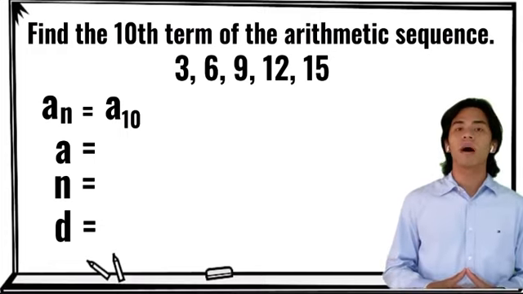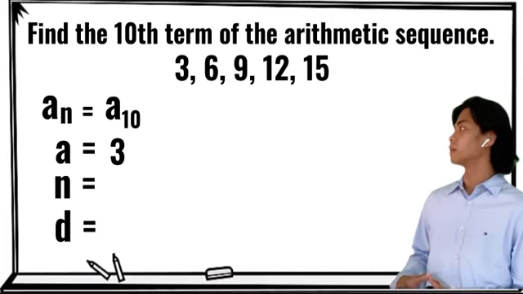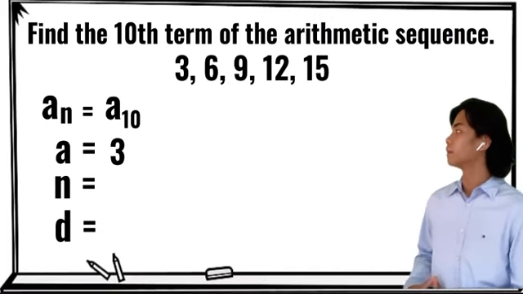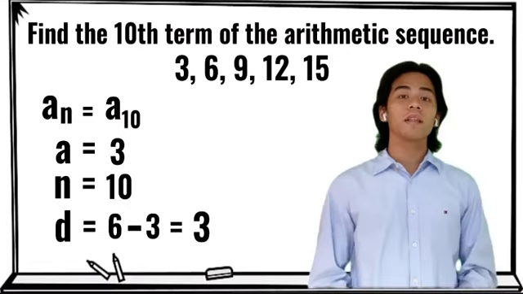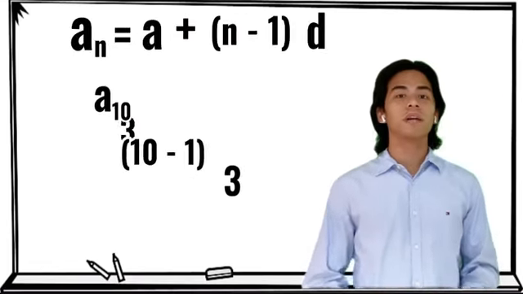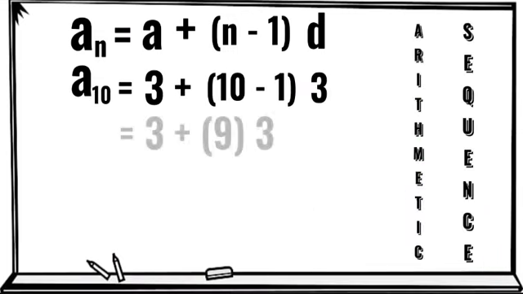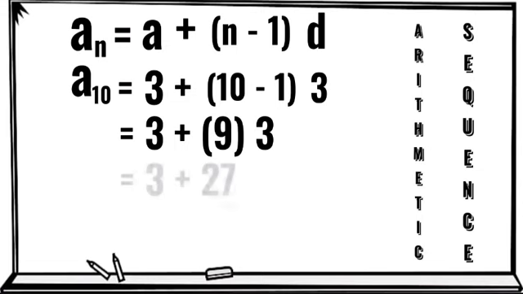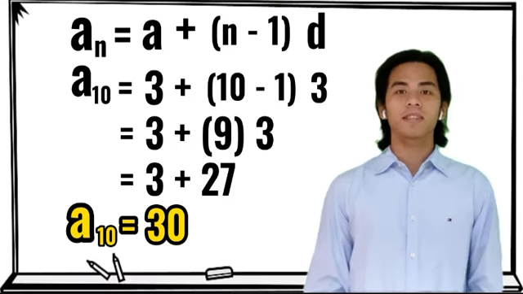The a sub 1 will be 3, since 3 is the first term. The n will be 10, and the common difference is 3. Now that we have the given, we can substitute the values into the formula and solve. So the 10th term of the arithmetic sequence is 30.